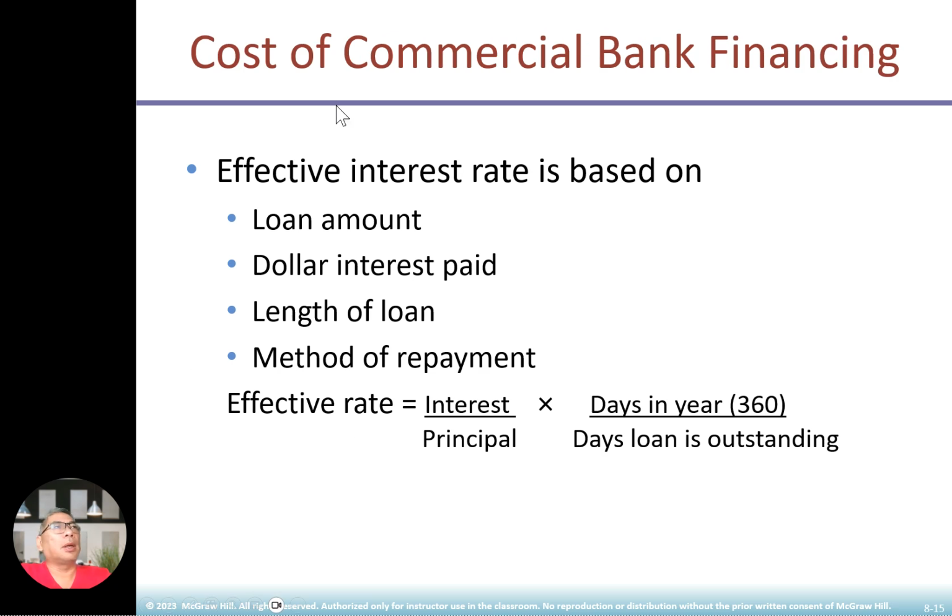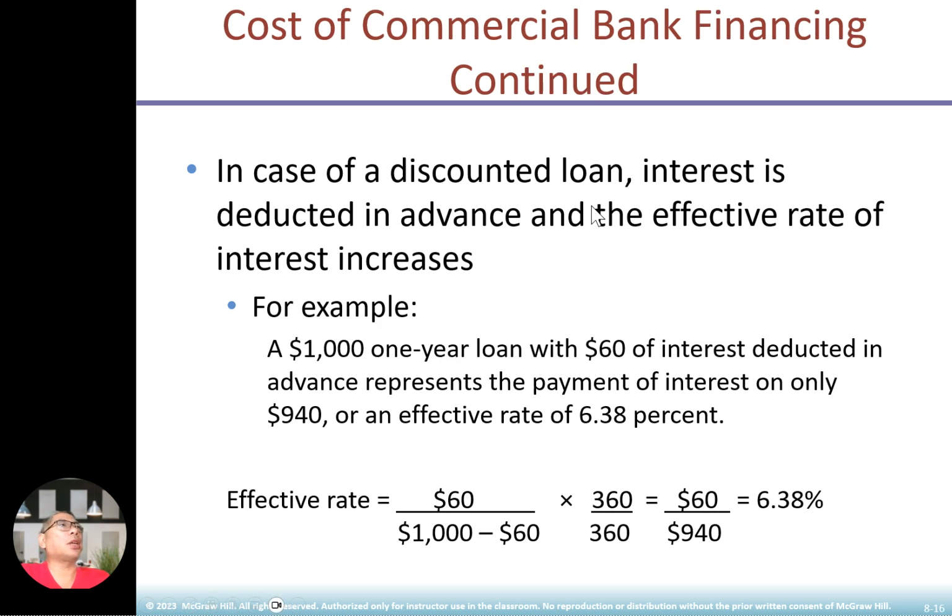In terms of cost of commercial bank financing, effective interest rate is based on loan amount, dollar interest rate, length of a loan, and method of repayment. So effective rate equals interest divided by principal times days in year divided by days of loan outstanding. Okay, so we're going to look at this logic here in case of a discounted loan. Example here, you get a 1,000 one-year loan with 60 interest deducted.